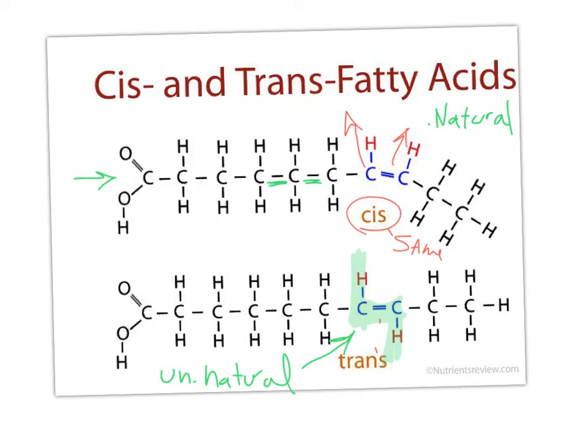We'll put these fatty acids in a big old vat of fluid and bubble gaseous hydrogen through the fluid, and that will saturate these double bonds, and when it saturates these double bonds, it will make these trans bonds here.